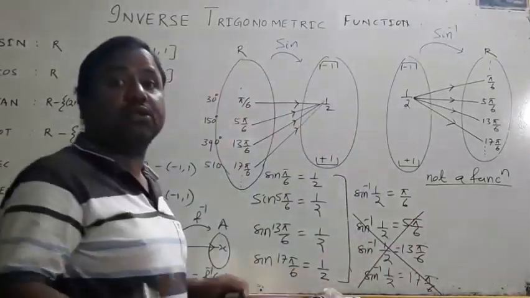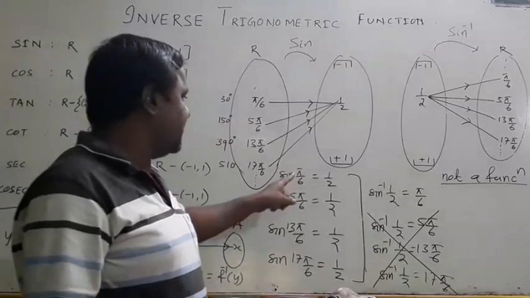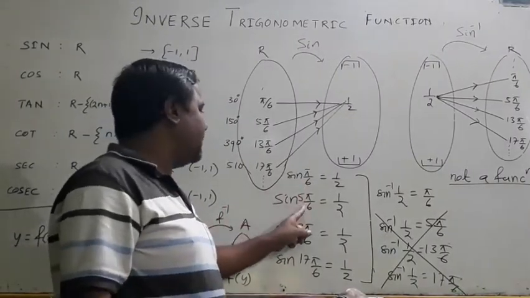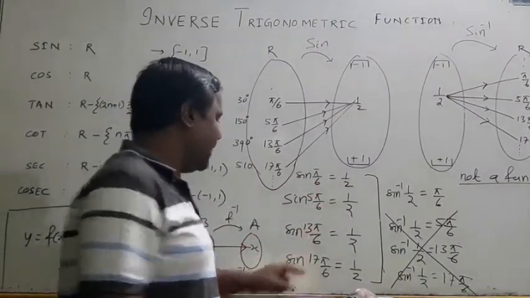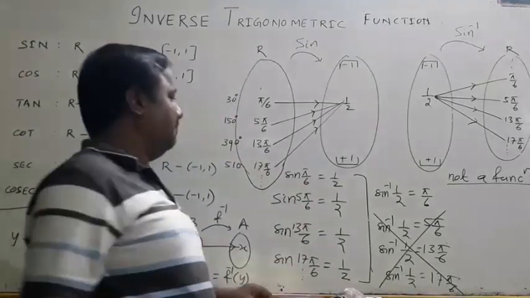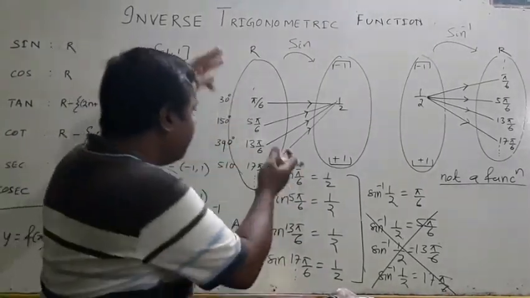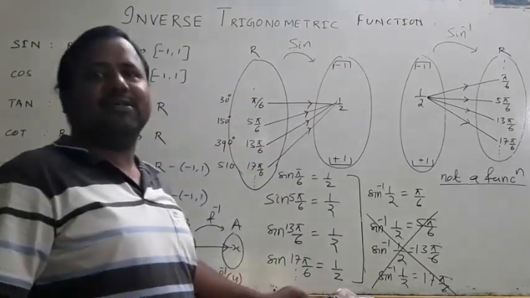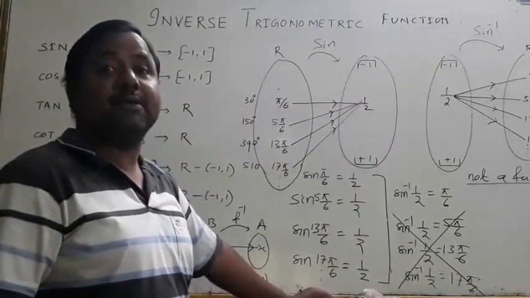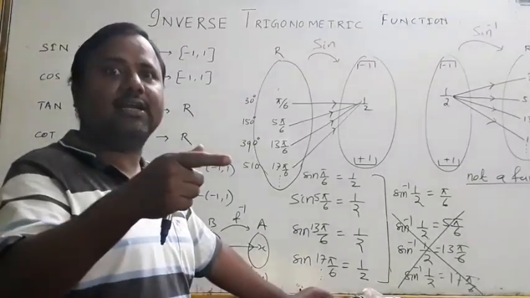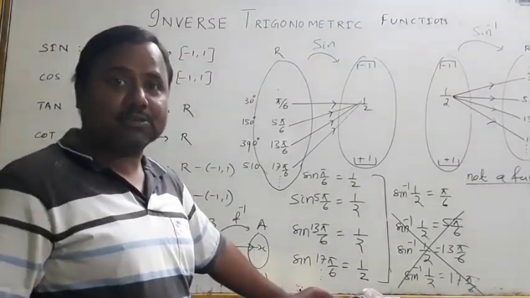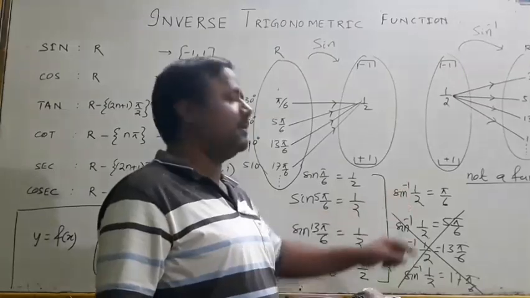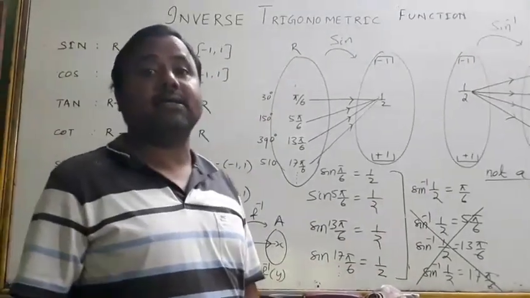As in my story of Babuli Bou. This is Babuli, this is Kabuli, this is Kunni, this is Kalia, and in trigonometry there are many sons having mother half, but sine inverse half is the first child. That's why sine inverse half is taken as pi by 6.